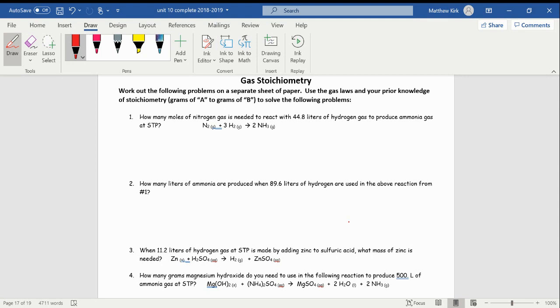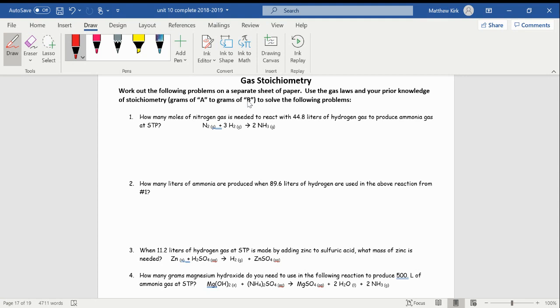And remember the other key part is when we go from substance A to substance B, we use the mole ratio to cancel out moles of A to get to moles of B, where our mole ratio comes from looking at the balanced reaction, in particular our coefficients. So hopefully that comes back to you as we go through a couple of these.